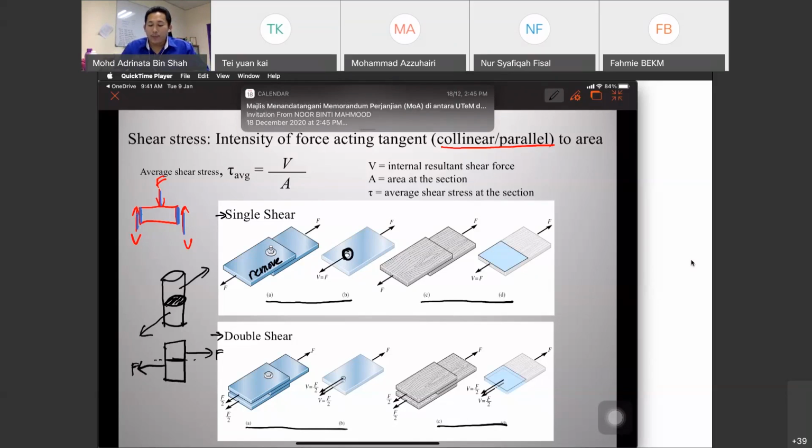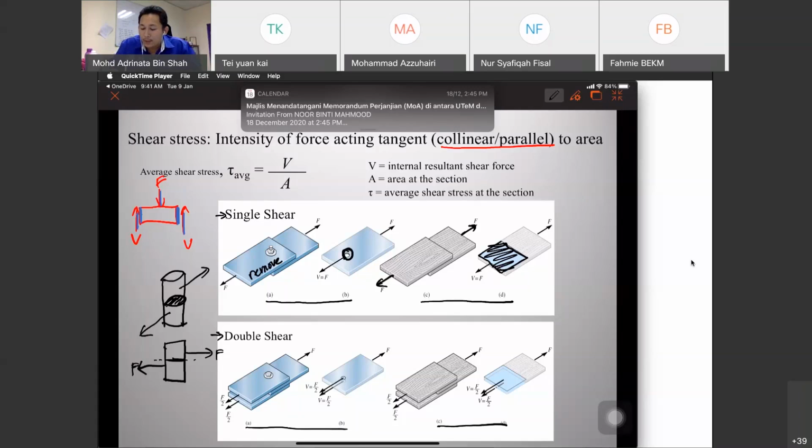Next, we look at when we have plates attached to each other, fully attached, whether using gum, glue, or whatsoever. If we have F and it is in shear, so this is the area, the whole area acting for the shear stress.